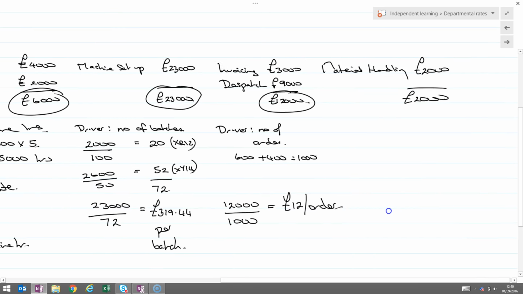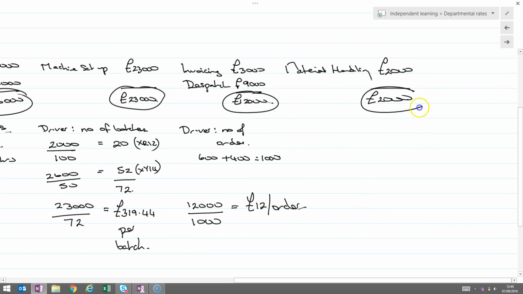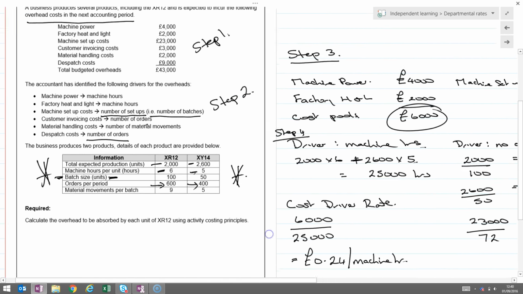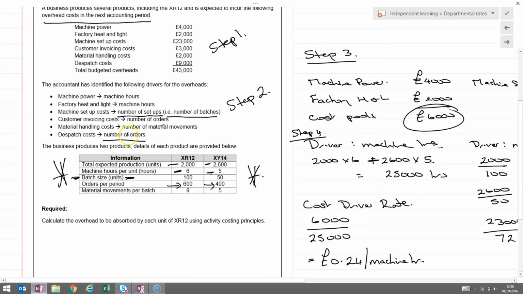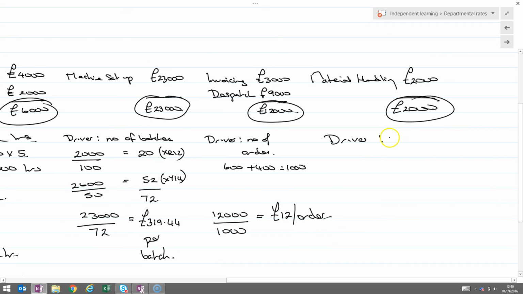And the last one, material handling, got a cost pool of £2,000. So what was the driver? Why did we have £2,000 of material handling costs? It was because of the number of material movements. So our driver is number of movements.